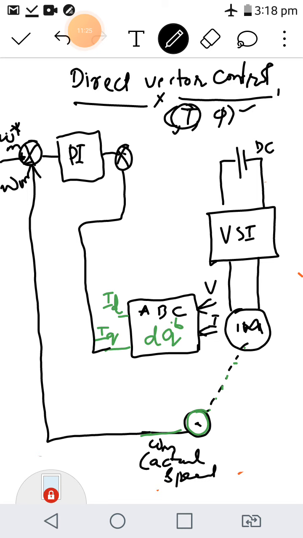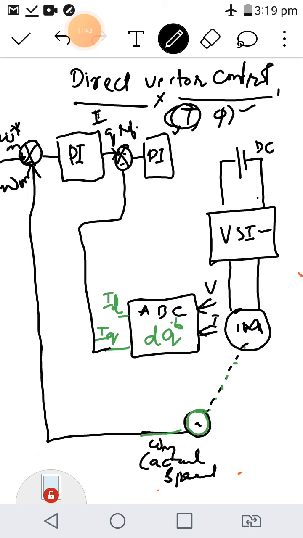The PI controller output will be the Q axis reference value, IQ reference value. This Q axis reference value will be compared with the actual IQ. You will get an error. Again this error will be processed using a PI controller.